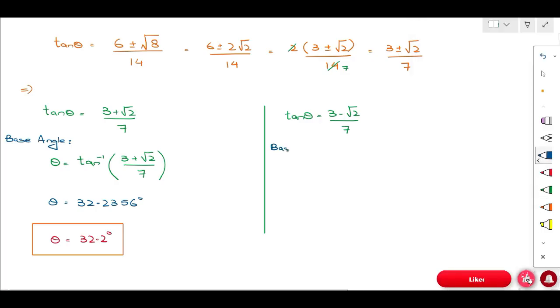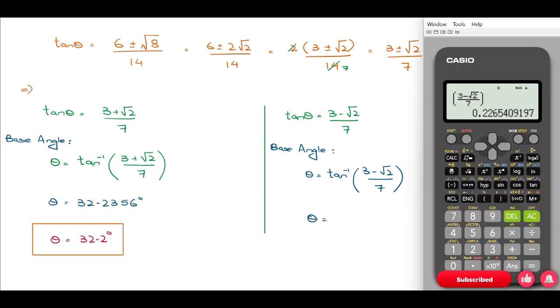So the base angle in this case is theta equals tangent inverse of 3 minus square root of 2 divided by 7, and that is your only solution, right? Because in the first quadrant your angle is your base angle.